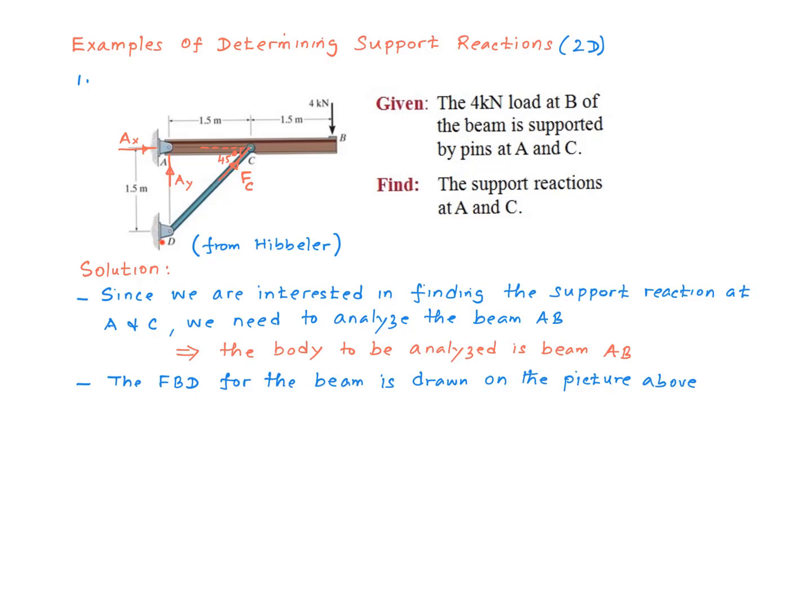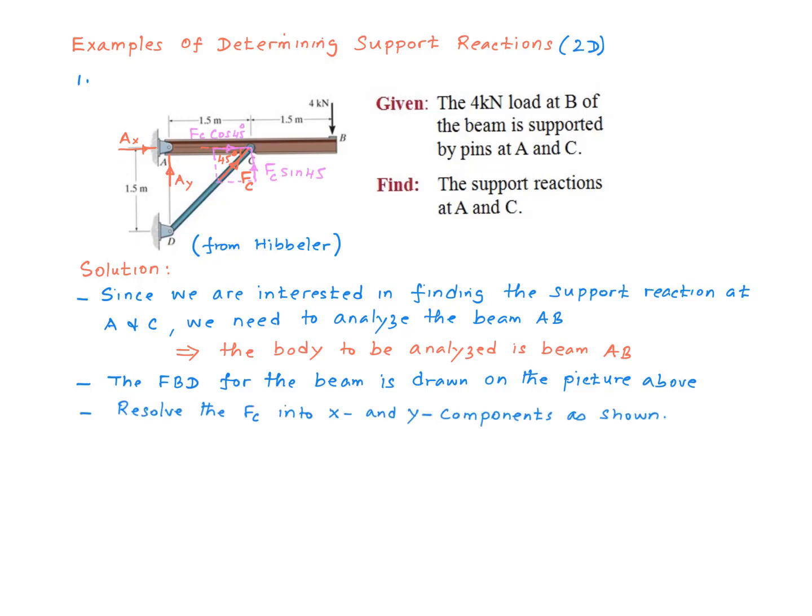Now looking at this triangle ACD, I note that this distance is 1.5 meter, this distance is 1.5 meter, right? So therefore this is an isosceles triangle, and therefore this angle has to be equal to 45 degrees because this angle is 90 degrees. So at this point my free body diagram is complete.